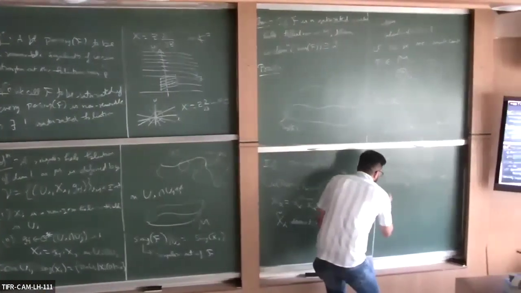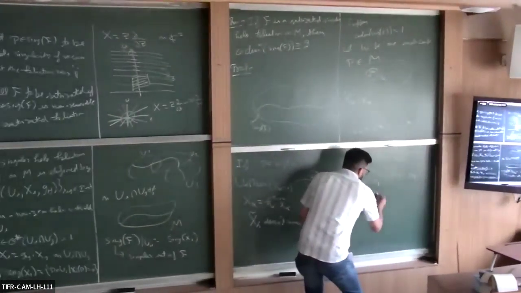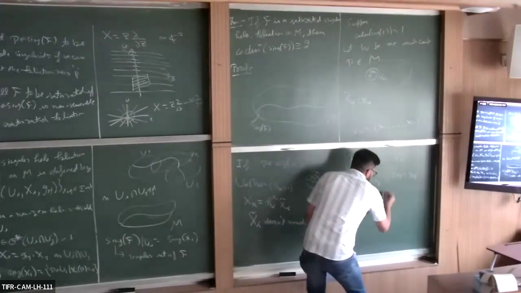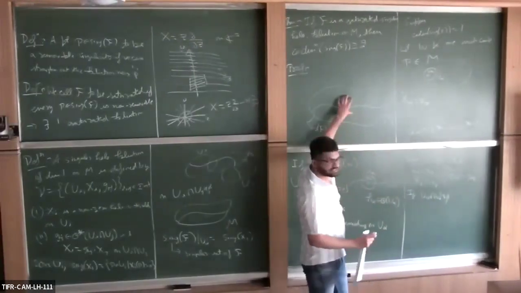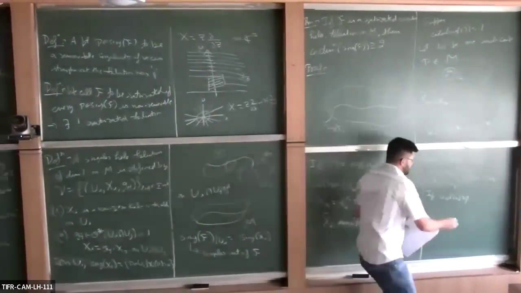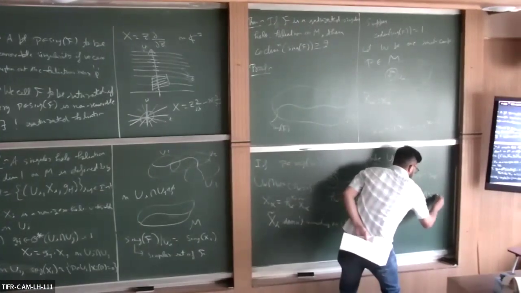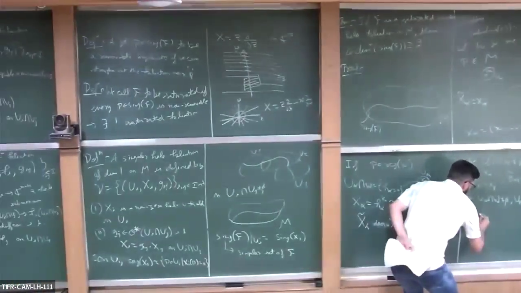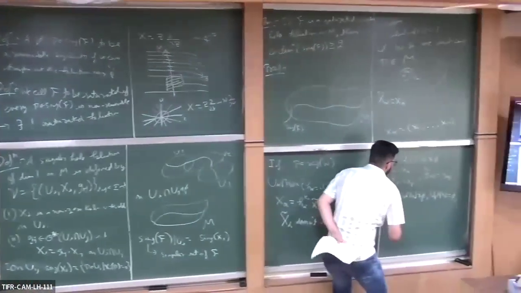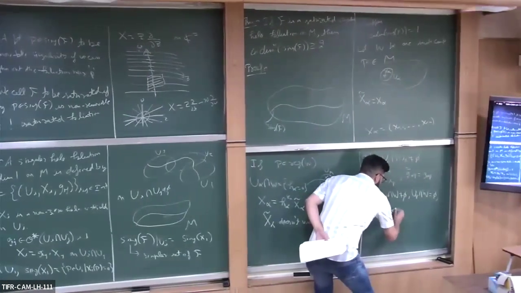Now suppose U alpha intersects with this set, so one of the components does hit our set, and U beta does not. Then look at X alpha tilde. This is G alpha beta.